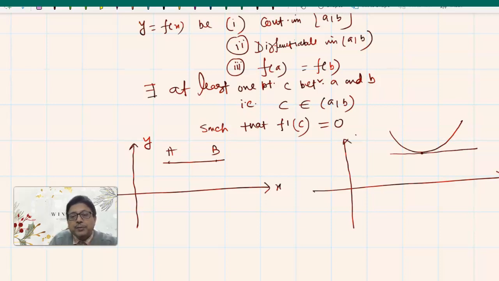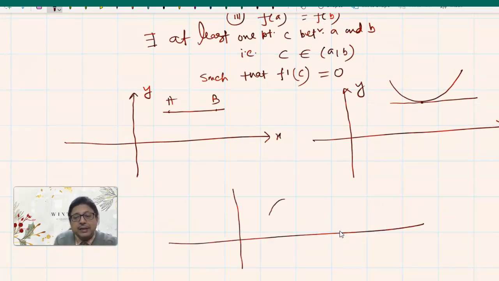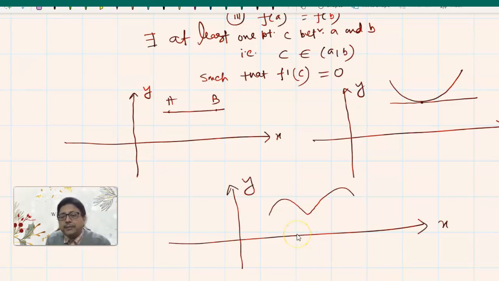Can we apply Rolle's theorem over there? Decide. And then the next one is another curve I am drawing. This is the point, say 3, 0, and we have drawn the graph of the absolute value function.